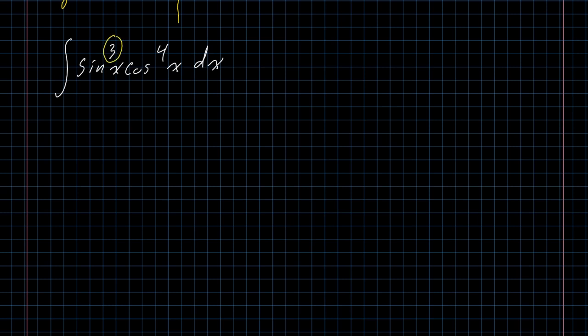Because I have an odd power on sine, I'm going to go ahead and work with u being cosine. If I had an odd power on cosine, I would go ahead and work with u being sine. If I had an odd power on both, it actually wouldn't matter.